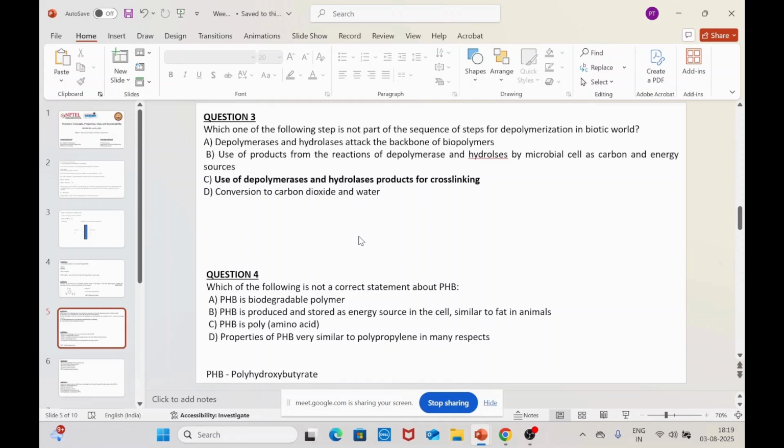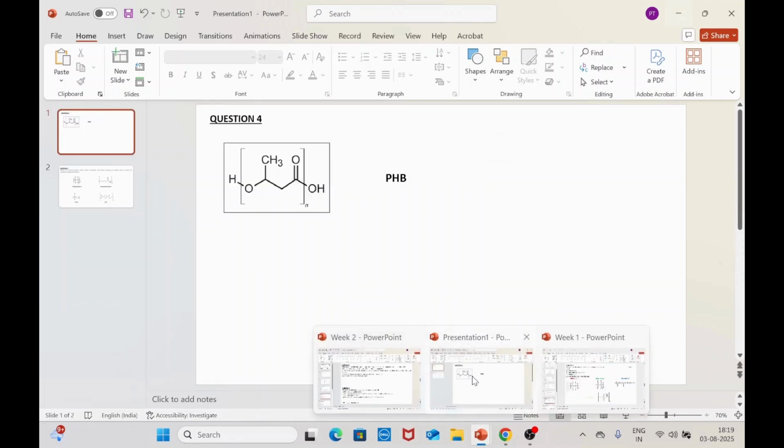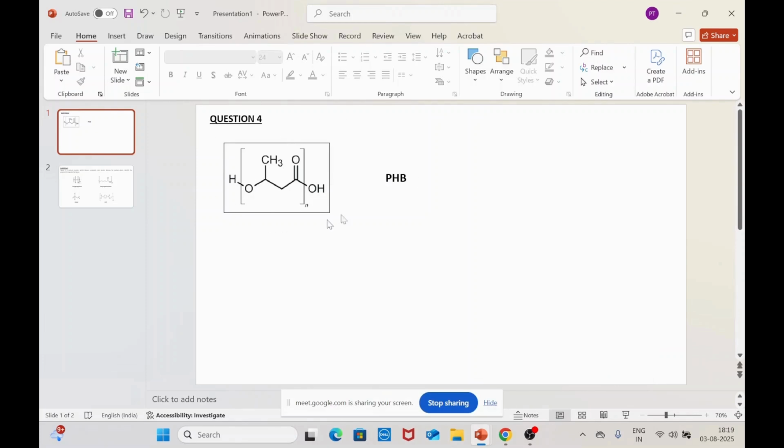I mean, it's not possible for you guys to draw, and since this is online, it is not possible to show the drawing, so I'll just show the structure. So, this is the polyhydroxybutyrate structure.